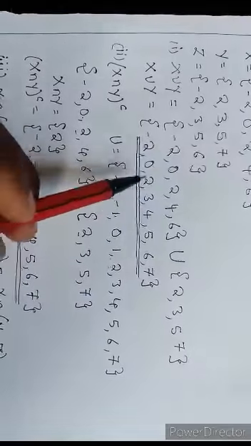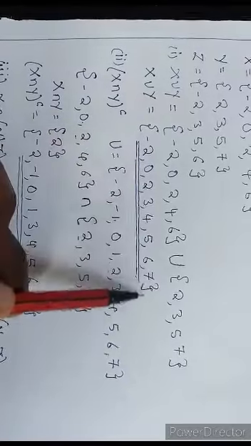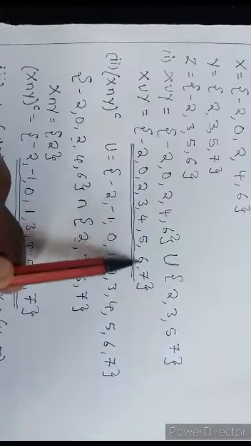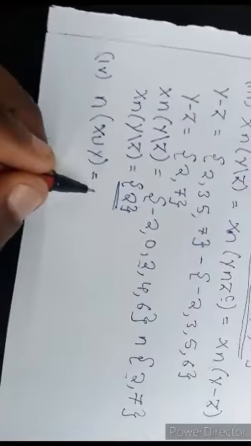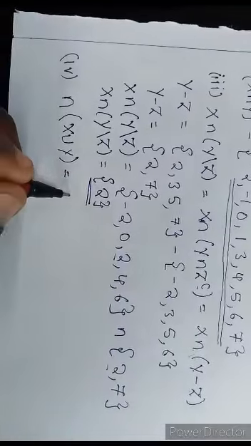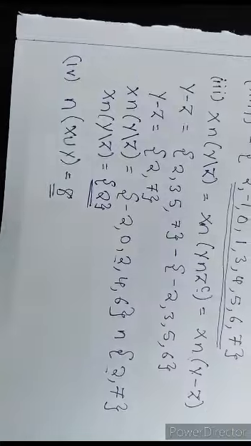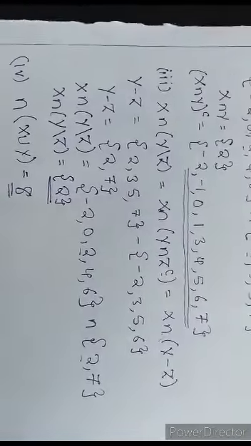So you just have to count 1, 2, 3, 4, 5, 6, 7, 8. So you write the cardinality of x union y is equal to 8. These are the answers for question 1 in MSM 112 tutorial sheet 1.